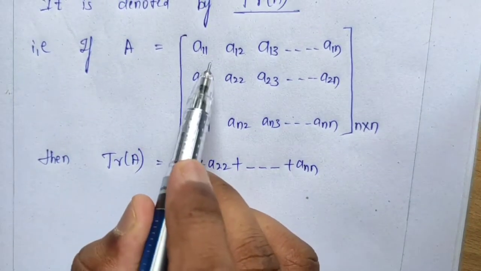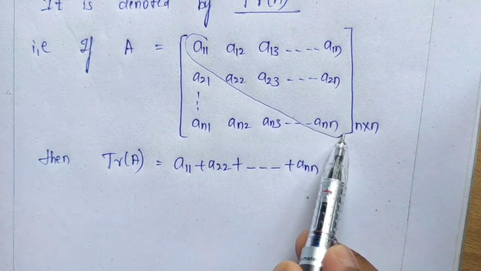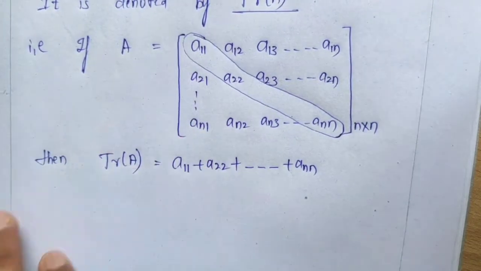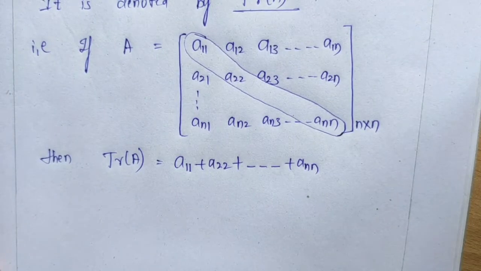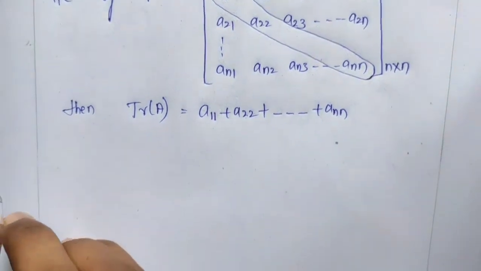These are the principal diagonal elements. The sum of the principal diagonal elements is the trace of a matrix.